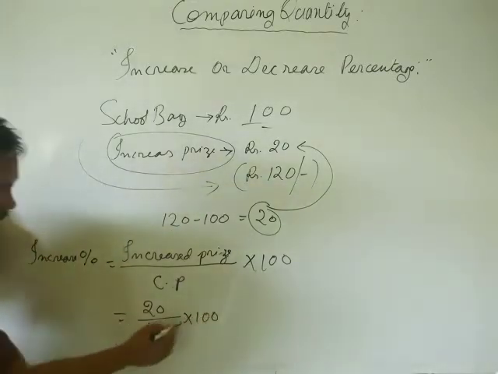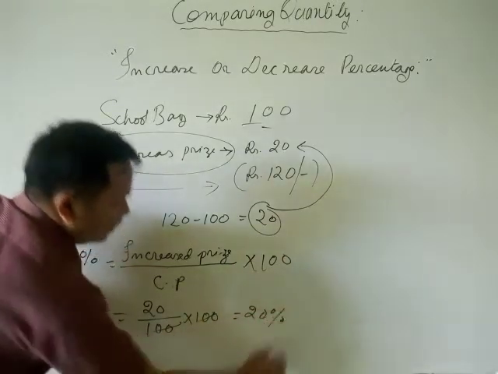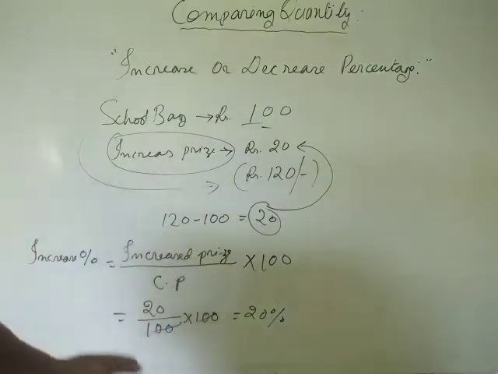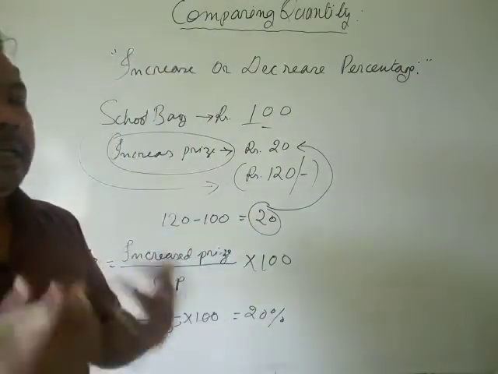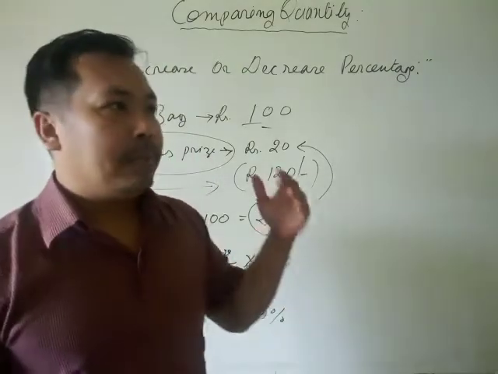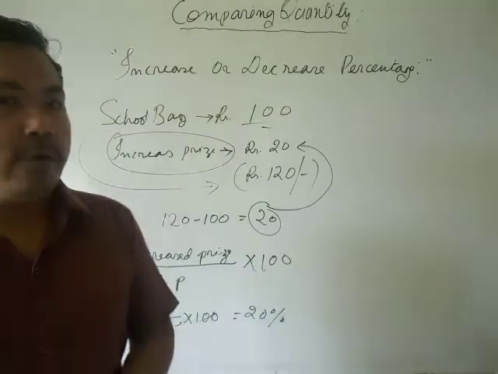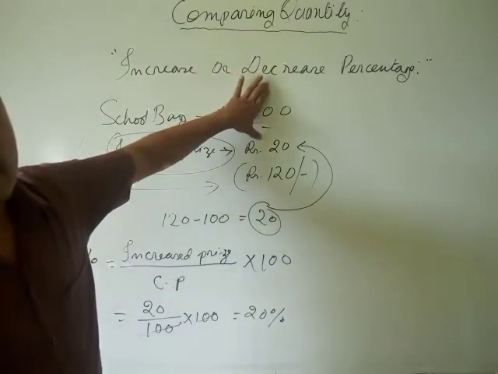Here the 100 cancels and we get 20 percent. Yes, you are getting 20 percent here. So 20 percent is the increase percentage of the particular bag we are going to buy. I am giving you a very simple price only.